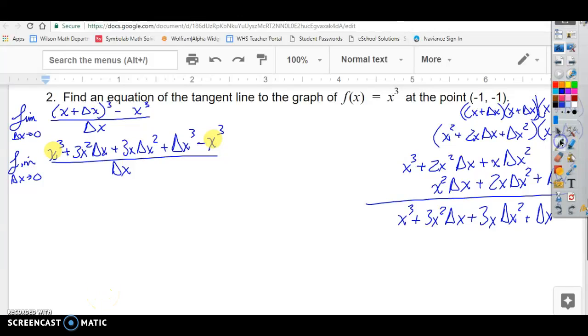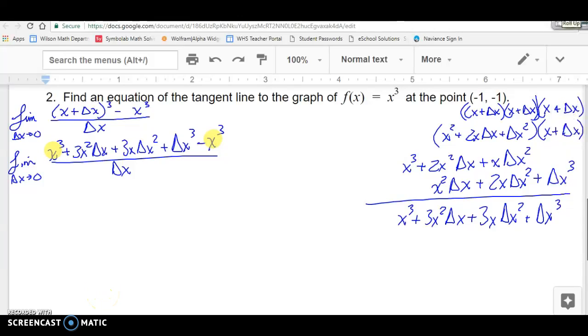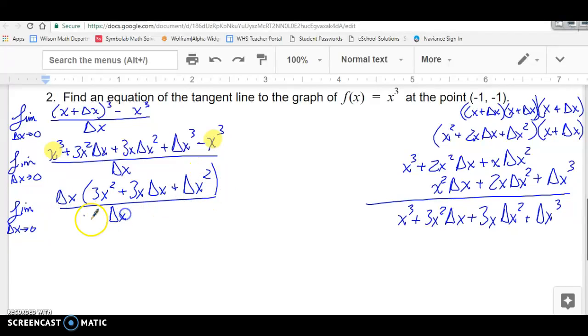So imagine they're gone. I'm now going to pull out a GCF up top, a delta x. That leaves me with 3x squared plus 3x delta x plus delta x squared all over delta x. Good news, the delta x cancel out, giving you 1. So we're ready to do our limit.